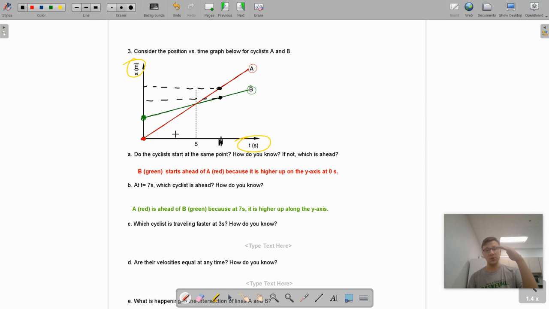Because we have position on our rise, we've got time on our run, or distance over time, right? So that is the equation for speed or velocity. And so therefore our slope represents the speed of the object. So all we have to answer here is which one has a steeper slope. That's really what this is asking. Which one has a steeper slope at 3 seconds? And that is clearly going to be A, the red line here.